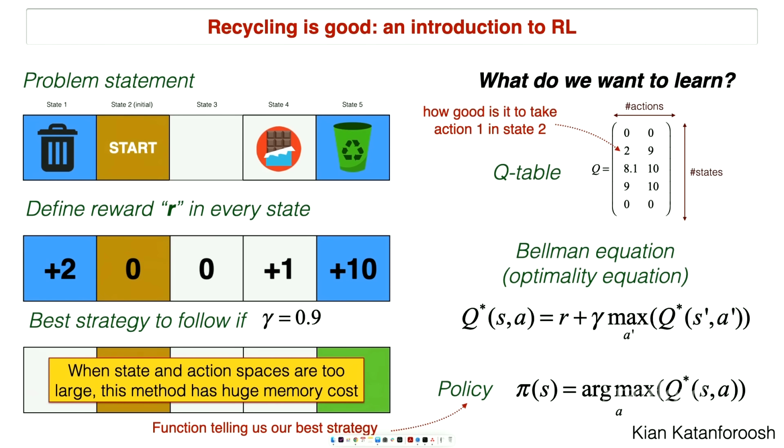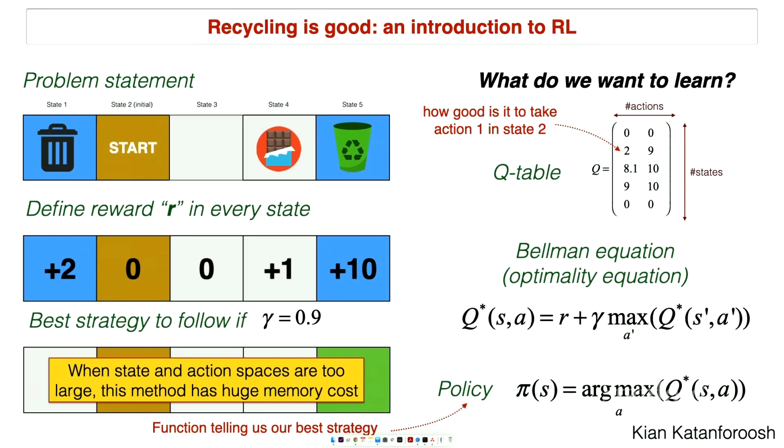The main issue with this approach of a Q table is that state and action spaces can be super large, and having a matrix that you discover through backtracking and where every time you want to do an action you have to look up the given state, the possible action, it becomes impossible.